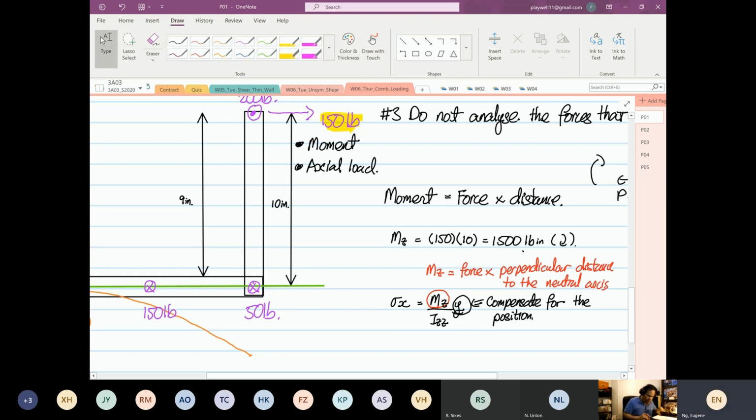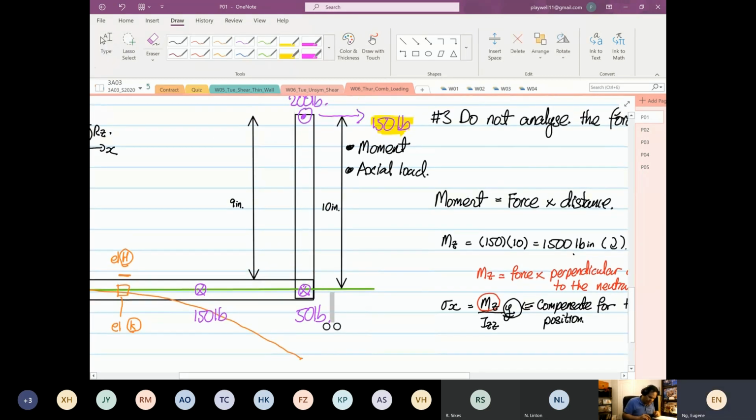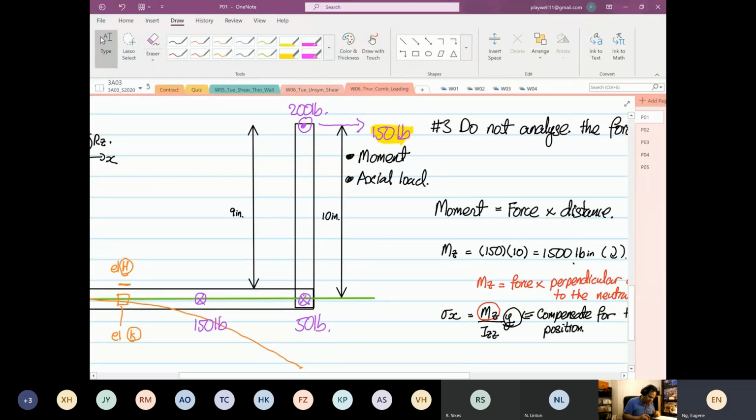So for this case that we see now, it happened that the perpendicular distance for the 150 will intersect the neutral axis at what? 90 degrees. Okay, so that is our moment about Z.